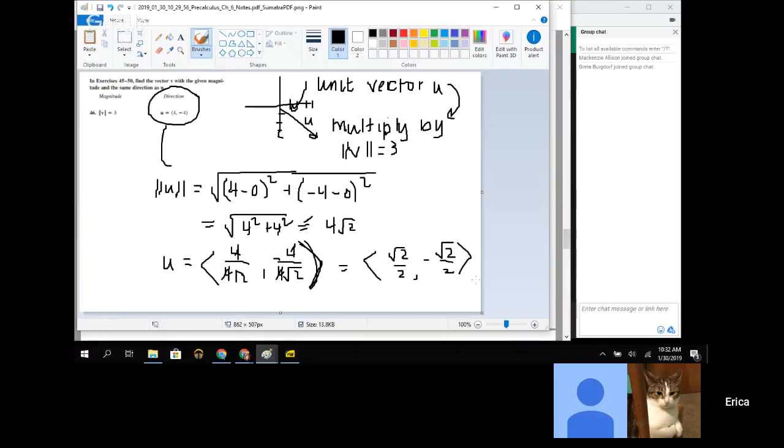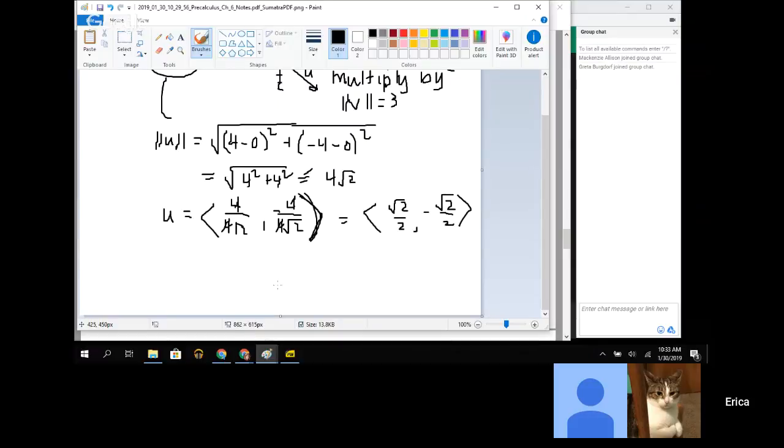Okay, but I want this unit vector to have a magnitude of 3. So my last step to get a vector v that has a magnitude of 3 is to multiply my unit vector by 3.